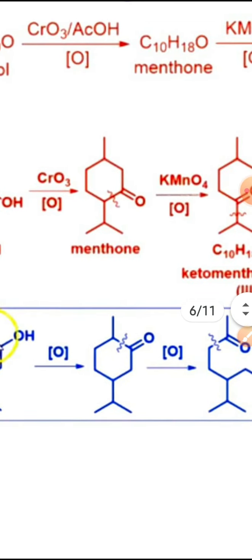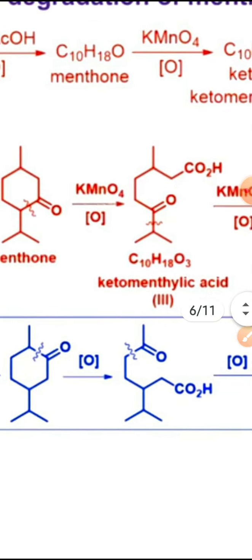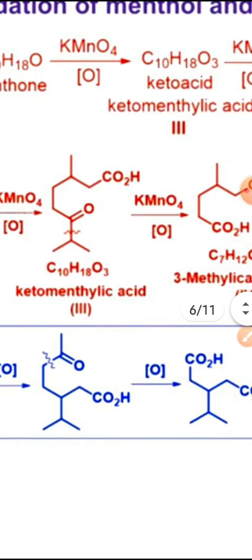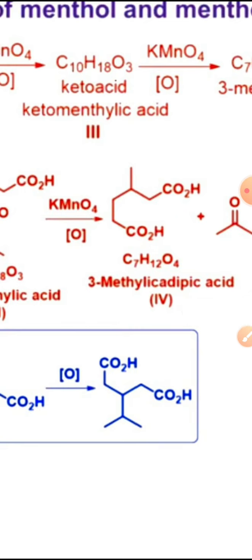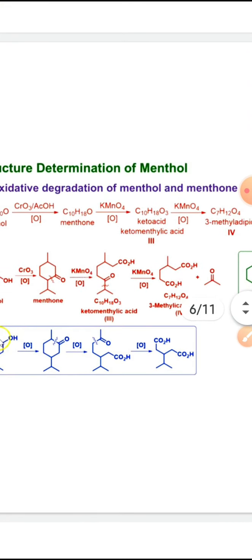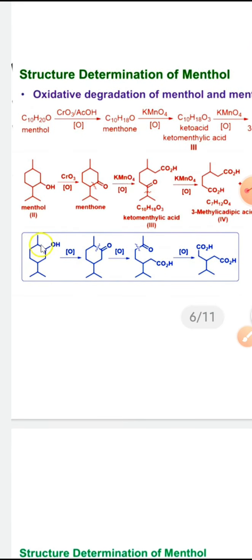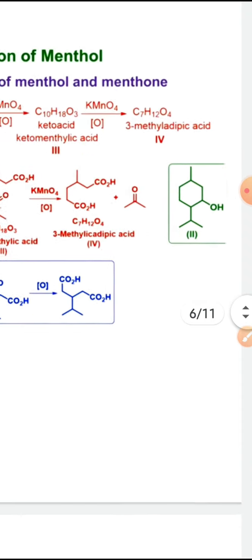If we take the OH group at this position, the oxidation gives this product ketone, which on further oxidation forms this product, which on further oxidation forms this type of dicarboxylic acid, which does not support the menthol structure. Therefore, the oxidative degradation confirms and supports that the menthol structure is this type.